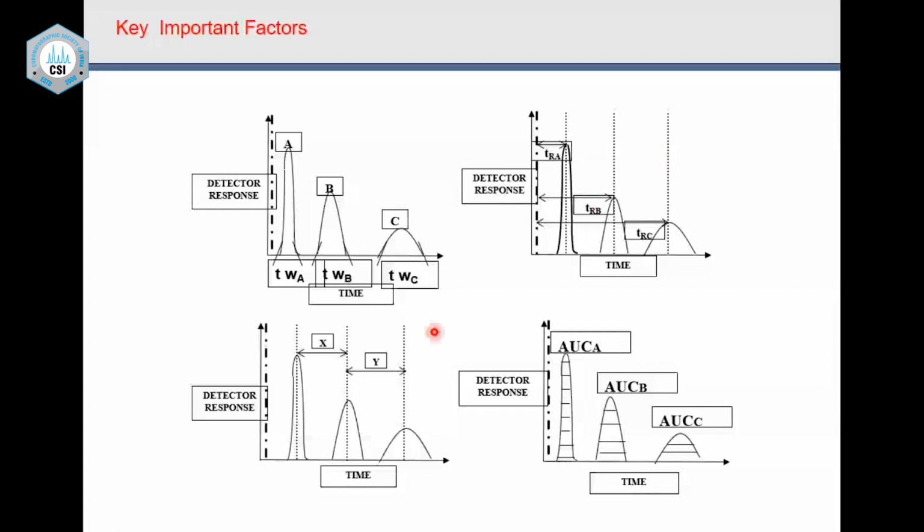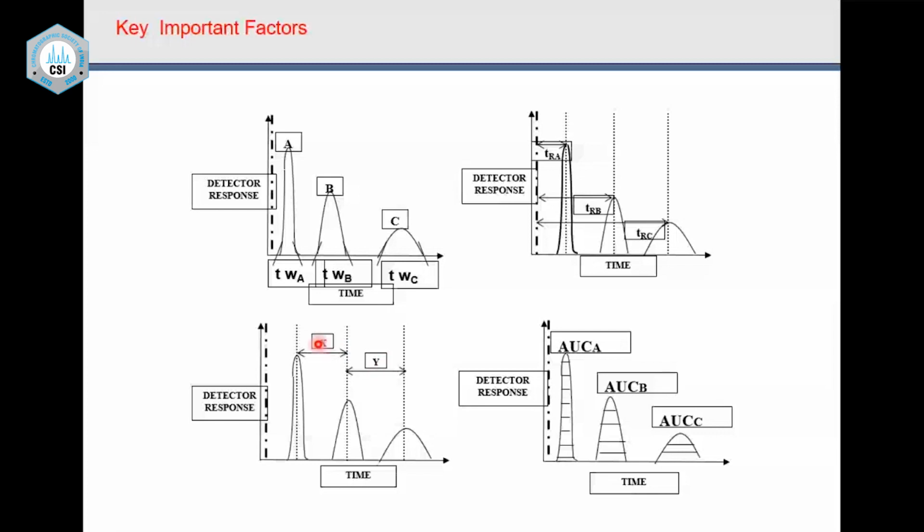There is one more factor which we just talked about, resolution. Here we talk about the resolution between 2 consecutive peaks. Resolution is always talked about for 2 consecutive peaks. So this is the resolution between A and B, this is the resolution between B and C, and all these should be more than 1. So this resolution factor also should be more than 1.5. This resolution factor also should be more than 1.5.